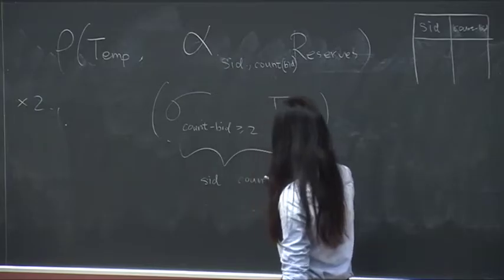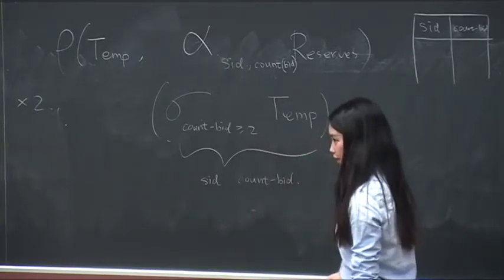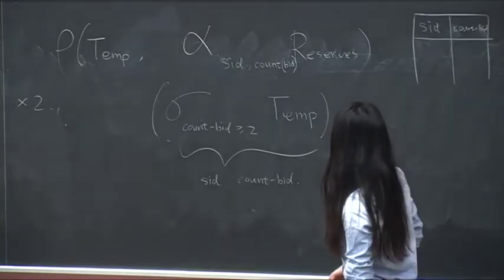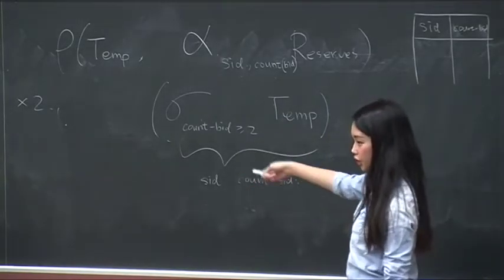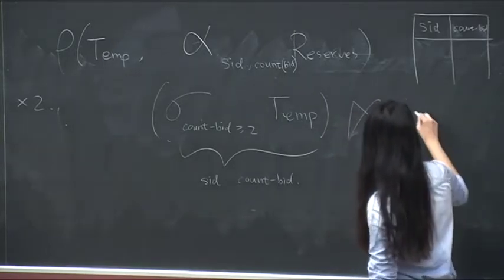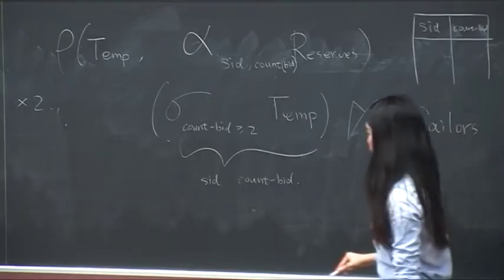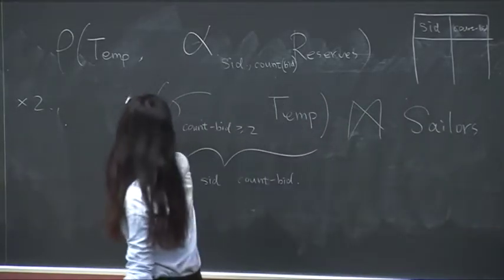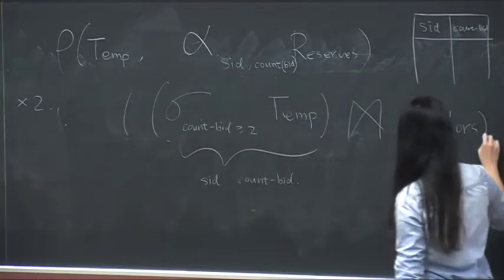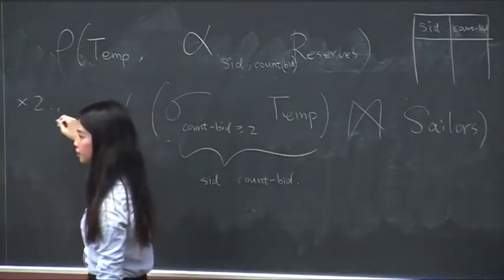And what's our final goal? We still want the name, right? So we can join with sailors. Either you want to do projection here or later, it doesn't matter if we don't care about whether it's optimized. So let's say we join with sailors. And what do we finally do? If we want the name. Project.